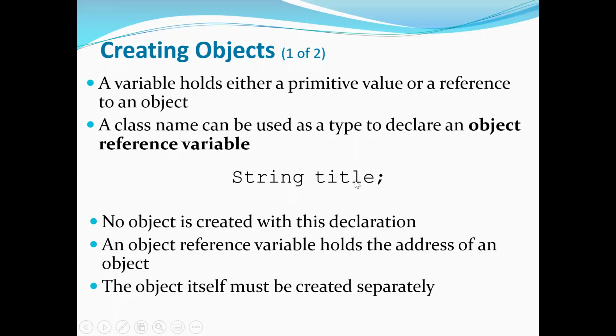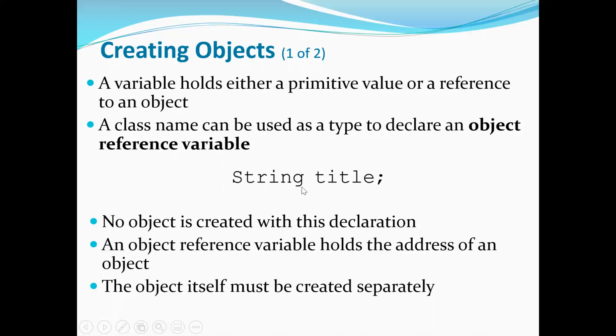Now, with a primitive type, we may have, for example, int num. Then we can assign a value to the variable num, or we may use the Scanner class to let the user enter a value using the keyboard. The same concept applies here. But here, in order to create the reference variable type, which we can say is the object, we have to use a special keyword called new.